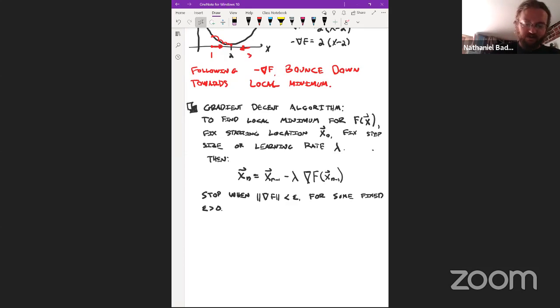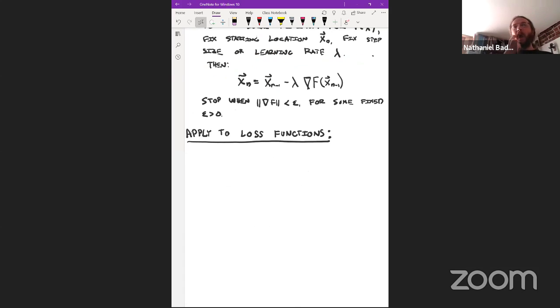So how does this apply to loss functions? Okay. So let's look at an example of a linear model.